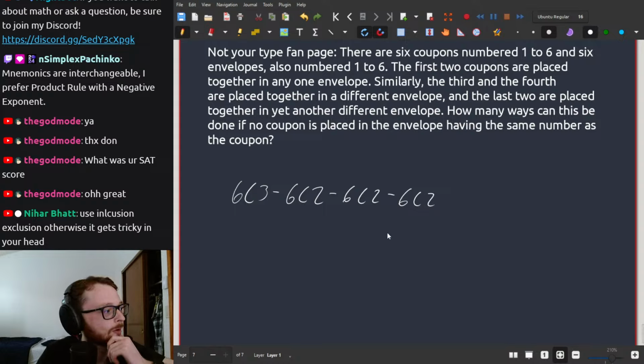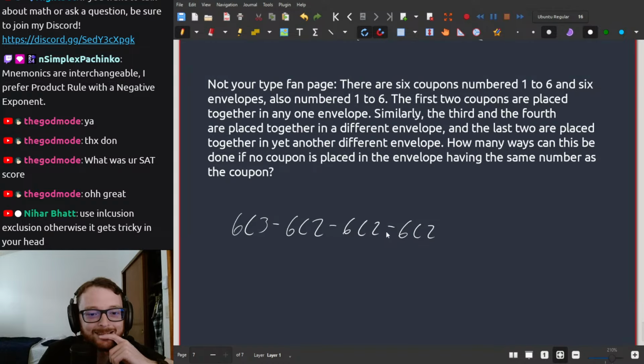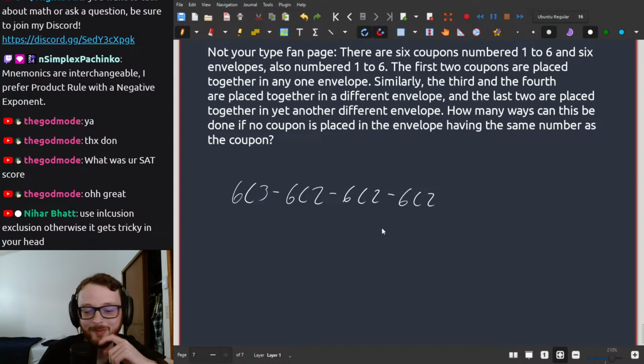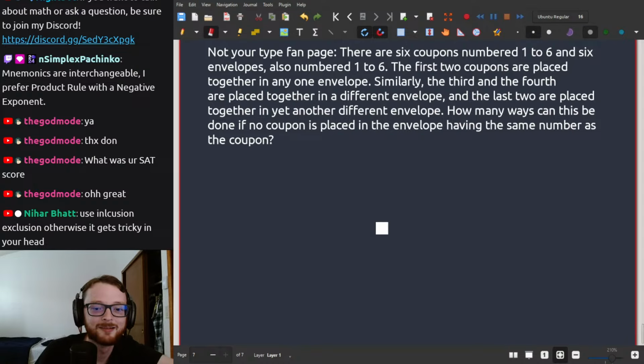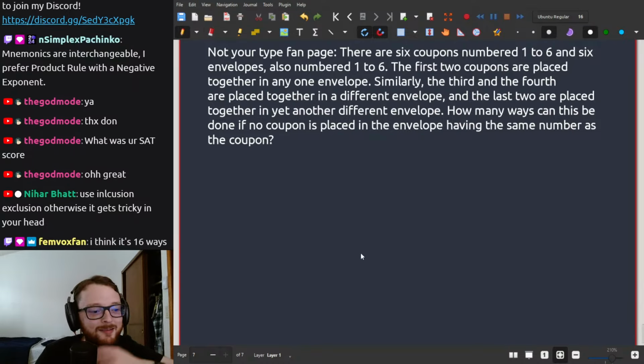Oh wait, I'm doing this wrong, aren't I? Am I? Is it 2 choose 1? I don't know. My combinatorics sucks too bad. This problem, I don't think it should be that hard, but you think it's 16?